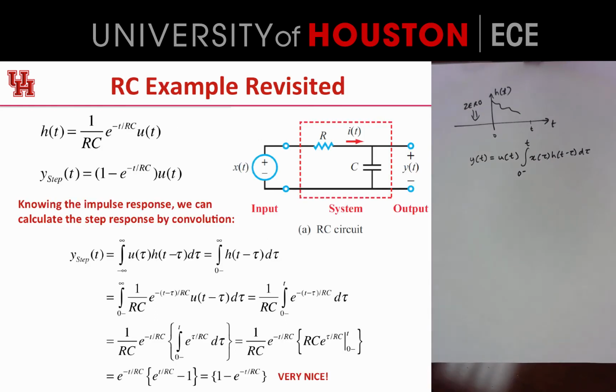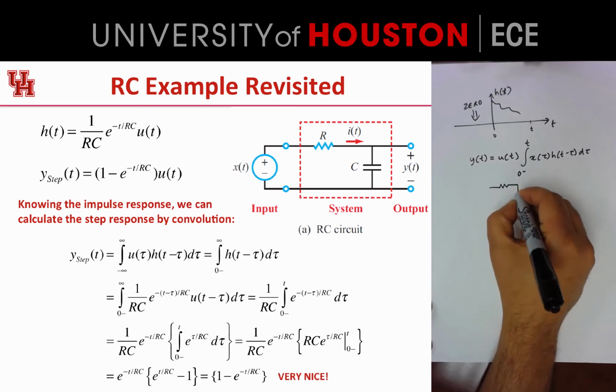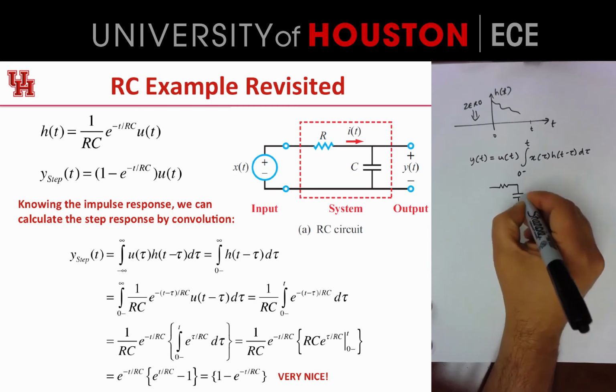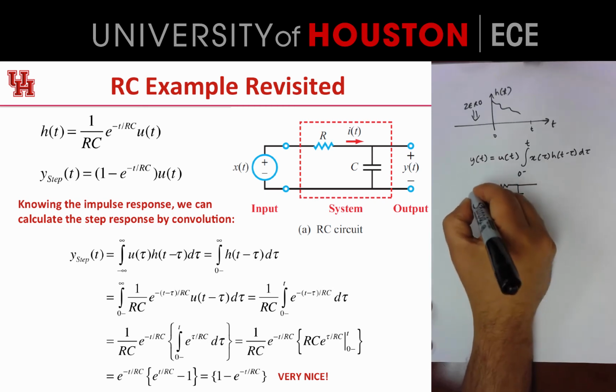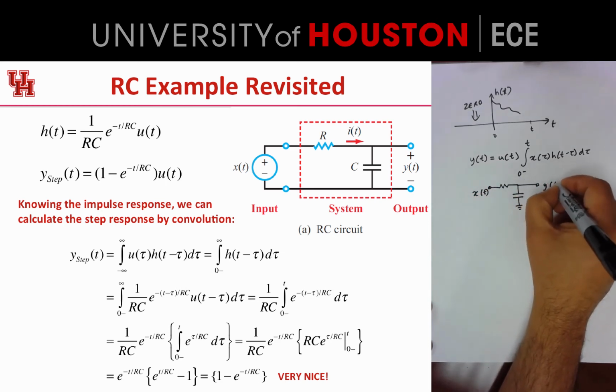So let's look at our familiar RC circuit and see how it all works out. Here's our RC circuit. This is ground, this is x of t, and this is y of t.